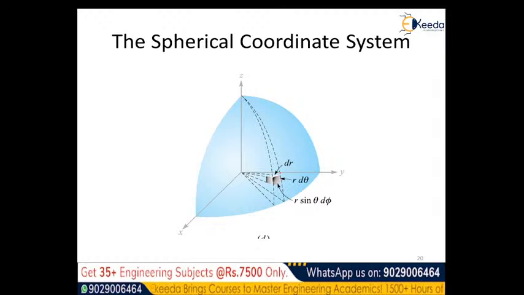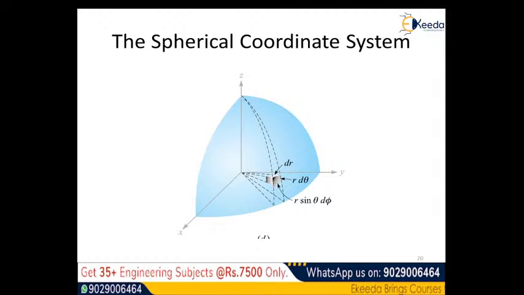Those four edges which are directed along the progression of the radius are represented by dr. Now those edges which are in the direction of progression of measurement of the angle theta, right from the positive z side downwards here, are represented by r times d theta, because if the radius of the sphere increases, the length of such edges will also increase.